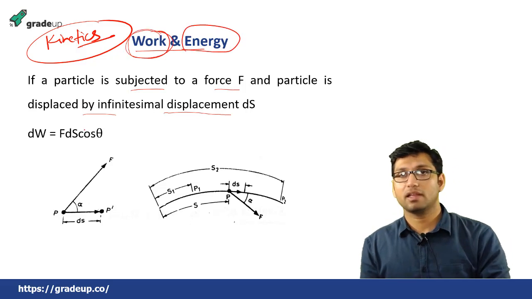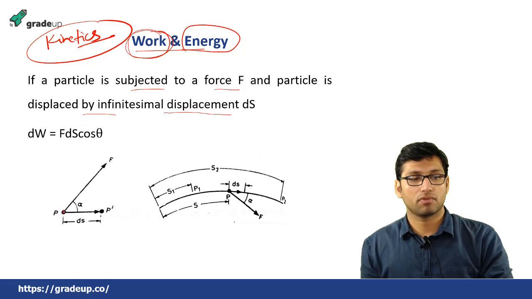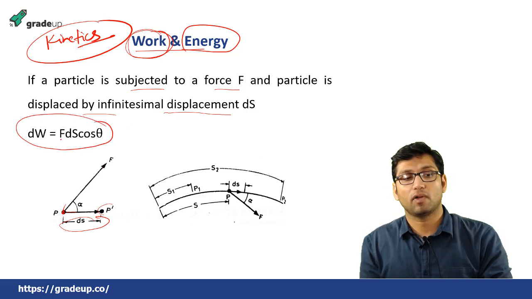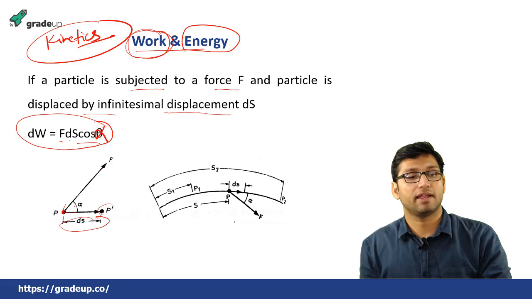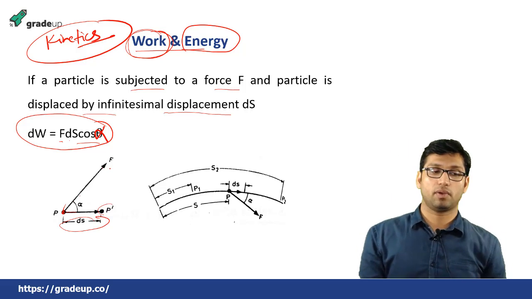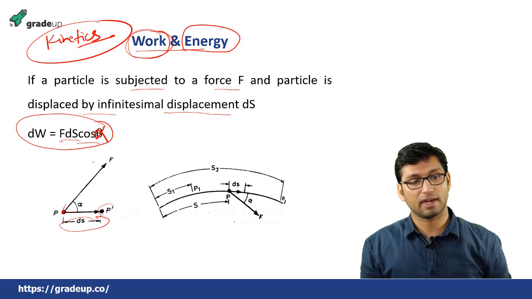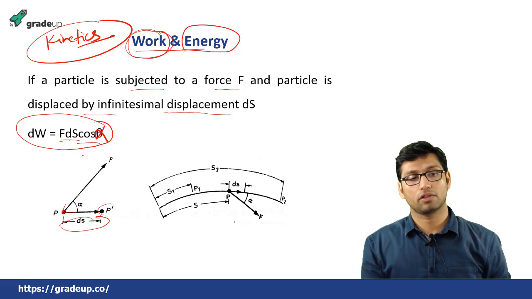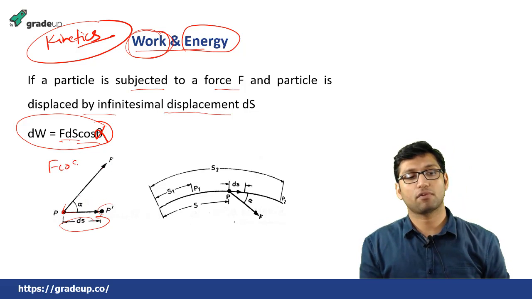Now work: suppose this was the particle and some force is acting on the particle. Due to this force, the particle is displaced through a displacement of ds. The net work done will be equal to F into ds cos alpha, where alpha is the angle between the force and the displacement, or this is the force in the direction of the displacement, which is F cos alpha, where the displacement is ds.